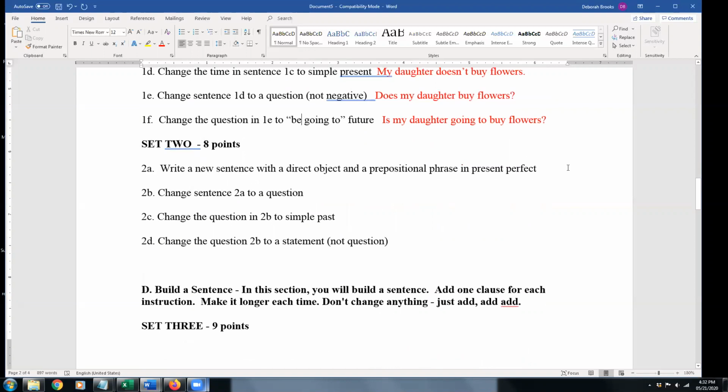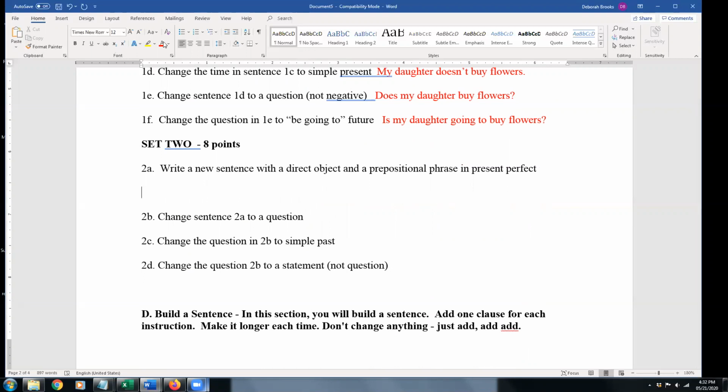Write a new sentence with a direct object and prepositional phrase in present perfect. So I didn't say what kind of subject. You can use I if you want to. I didn't say what kind of subject. In present perfect with direct object and prepositional phrase. I have painted my room.